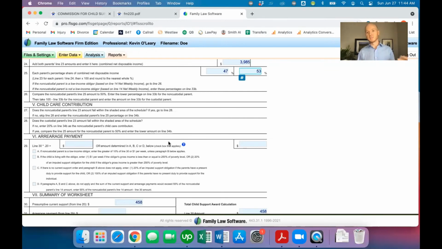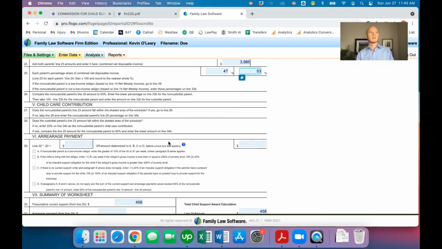Now, they're not going to do zero child support because John's income is significantly higher than Jane's. So because his income is higher than hers, the court's going to say he should still pay her some child support in order to financially support the children, because he has more resources to support the children.